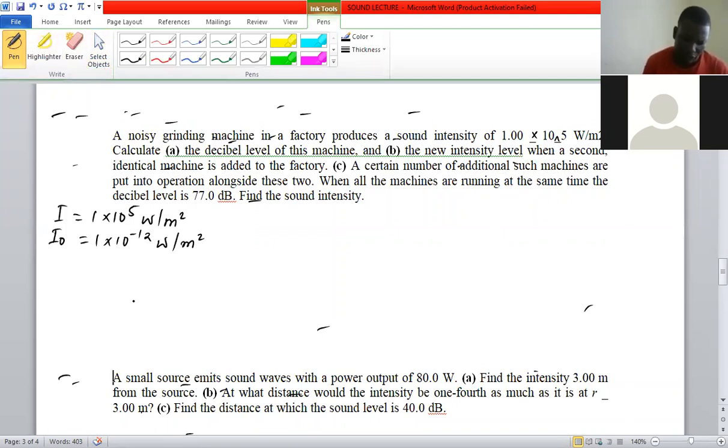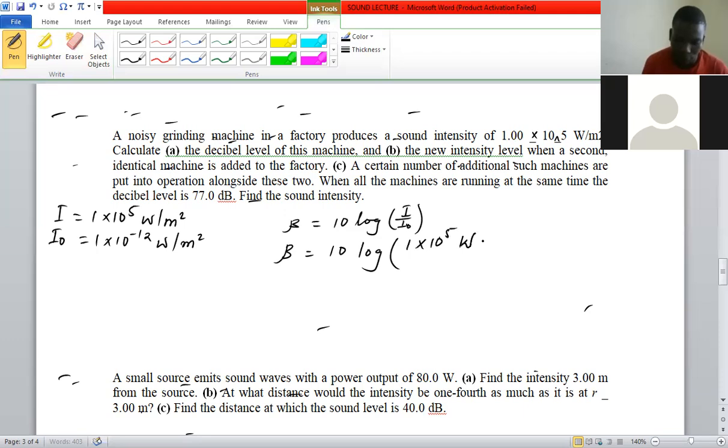Okay, so now we know that the decibel level is given by 10 log of the new intensity, 1 by 10 to the power 5, over the threshold of hearing.